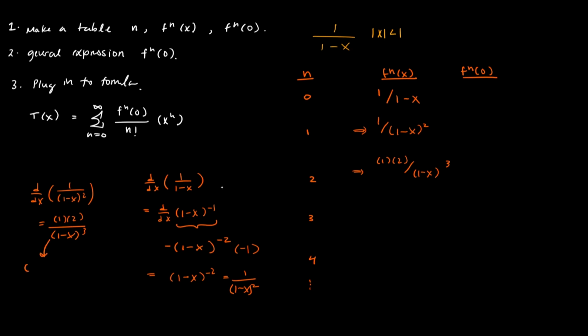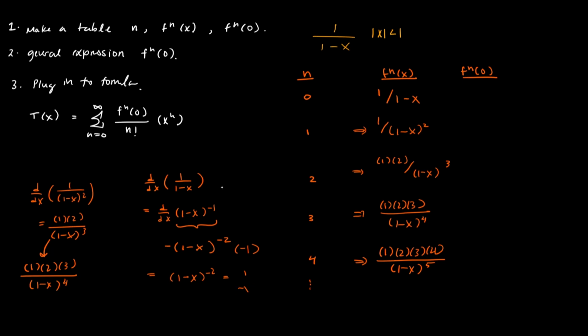Well, the derivative of this is going to end up being 1 times 2 times 3 divided by 1 minus x to the power of 4. So let's add that to our chart. We're going to have 1 times 2 times 3 divided by 1 minus x to the power of 4. And what if we take the derivative of this? Well, I think you might see the pattern forming. We're going to have 1 times 2 times 3 times 4 divided by 1 minus x to the power of 5. So hopefully you see the pattern forming here.